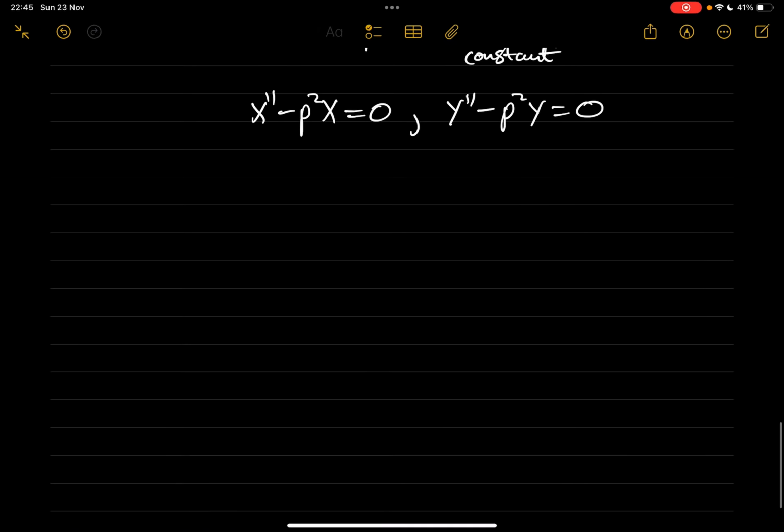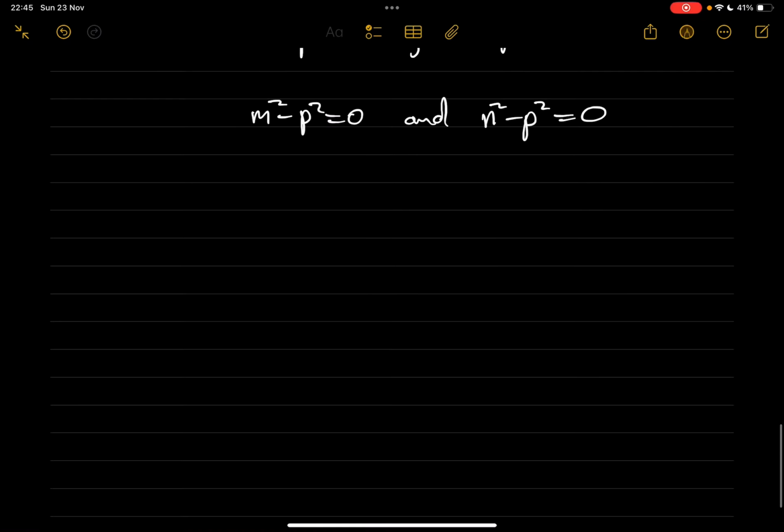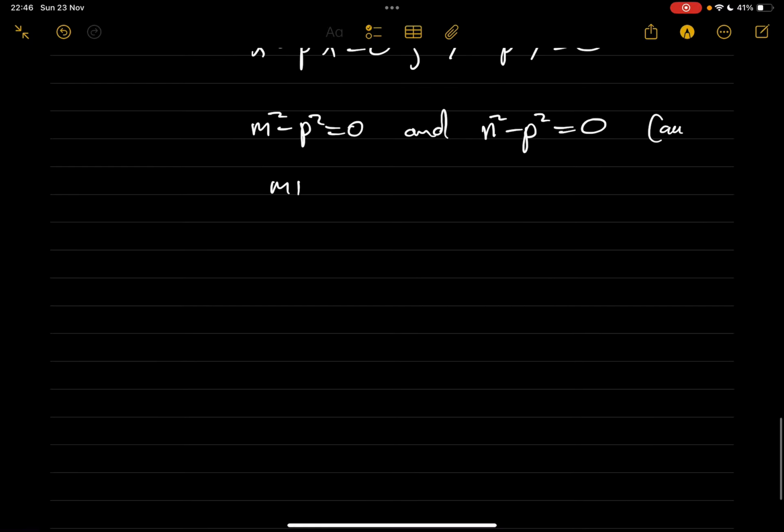From here we do the same thing again. We find our auxiliary equations: m squared minus p squared equals 0 and n squared minus p squared equals 0. From here we can see that m is equal to plus or minus p, and n is equal to plus or minus p.